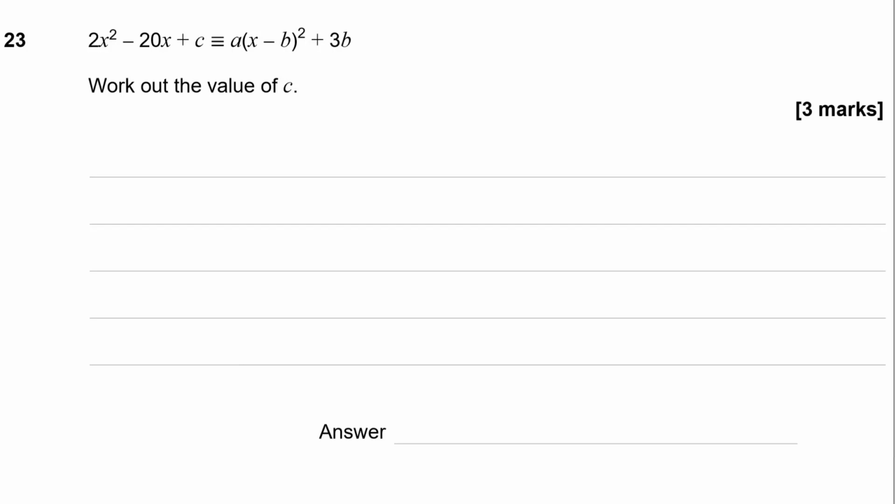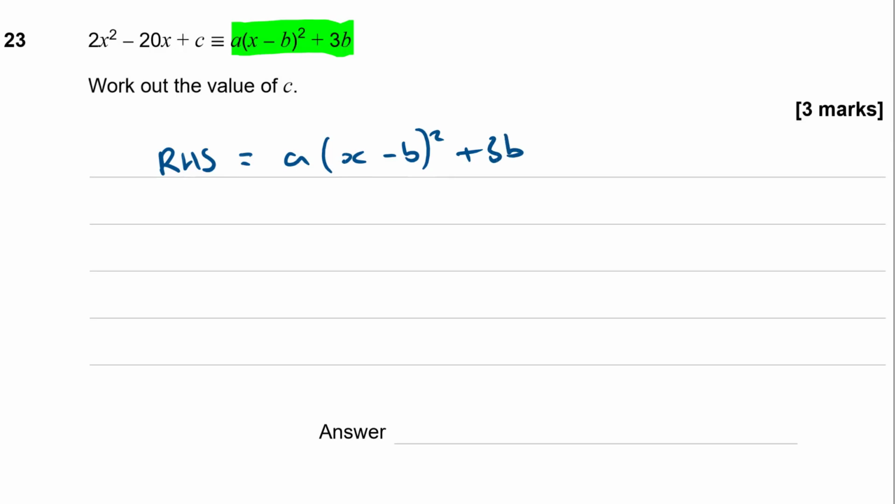So I'm going to take the right hand side of this identity and make it look more like the left hand side, so we can read off the values. Okay, so I'm going to start off with the right hand side, and that is equal to a lots of x minus b all squared plus 3b. Now multiplying out the brackets, if you're not very good at brackets you might want to write those 2 brackets out, x minus b, if that makes it easier for you.